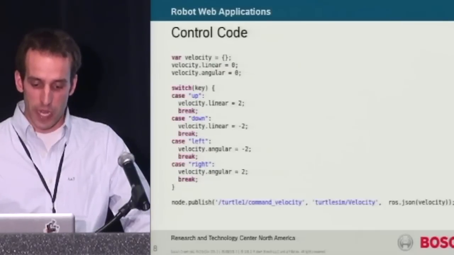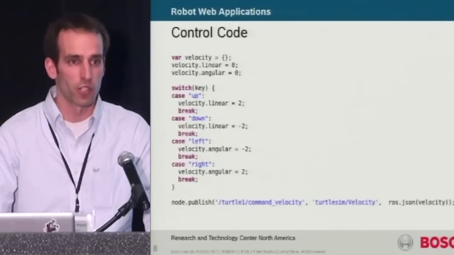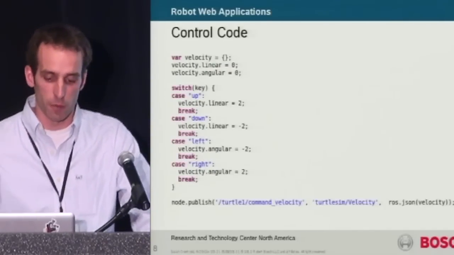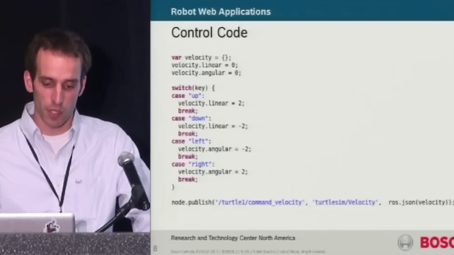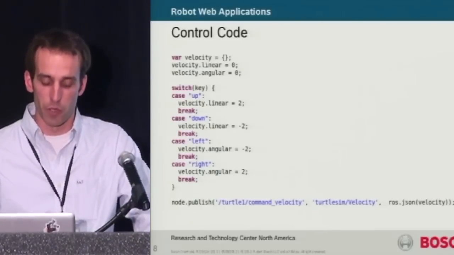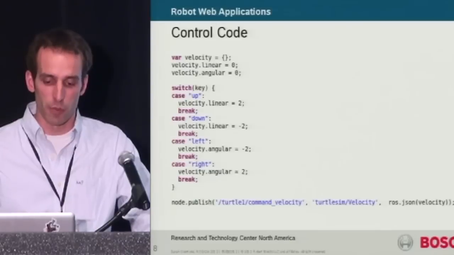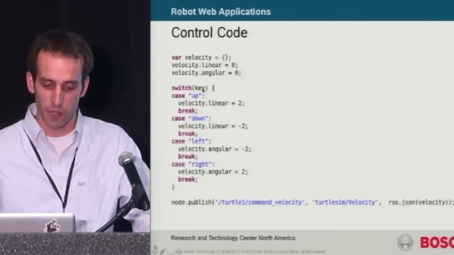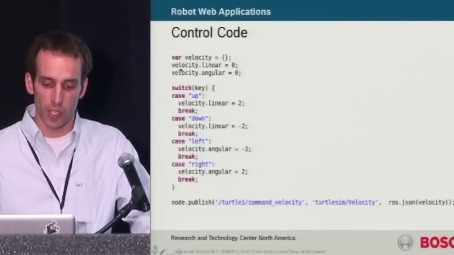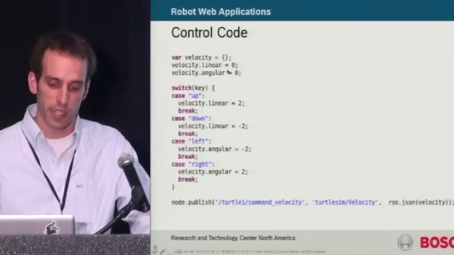So the next thing that we want to do is controlling robots through the web. Here's, again, a very simple example of how to do that. Here we just use simple buttons, and from those buttons we get some sort of key message. And what we construct is this JSON object, up here.